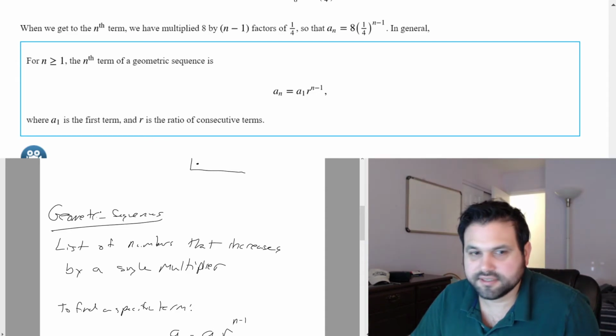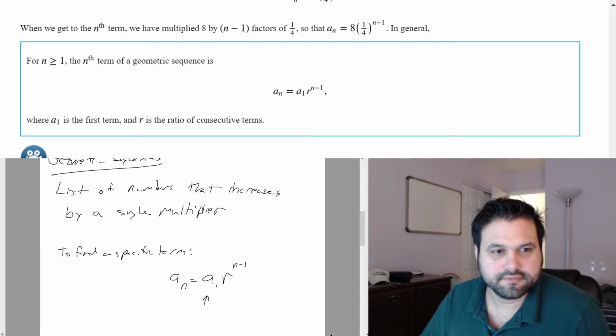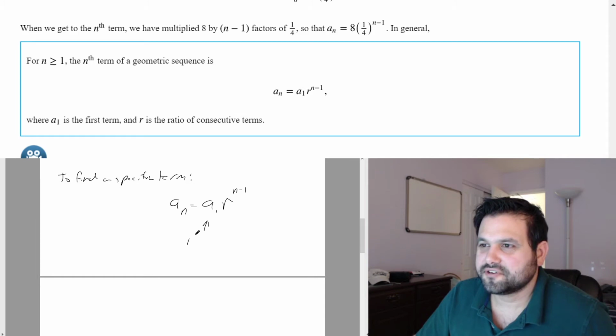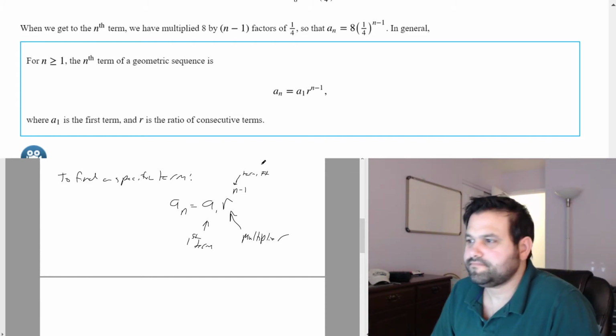Again, this is the first term. The r here is our multiplier. And the n is the term number that we're interested in.